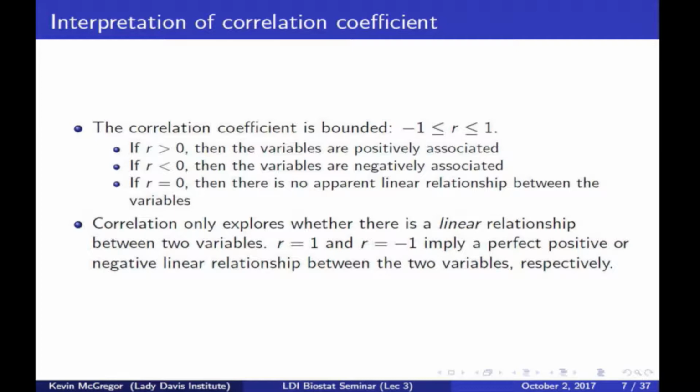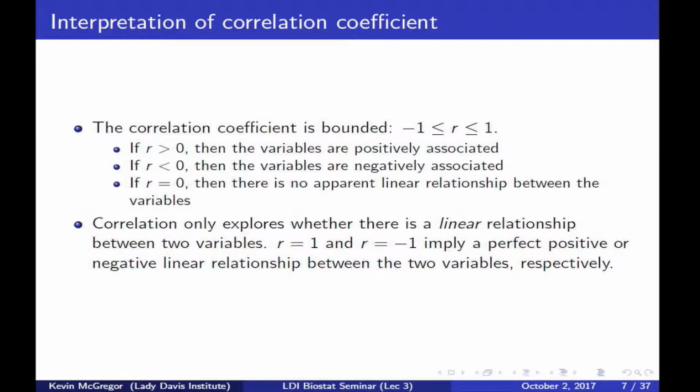So you could have a more complicated nonlinear relationship where the two variables are very, very strongly related in that way, but you end up with a small correlation coefficient. Now, if R is equal to 1 or R is equal to -1, so on either bound, then this would imply either a perfect positive or negative linear relationship between these two variables.